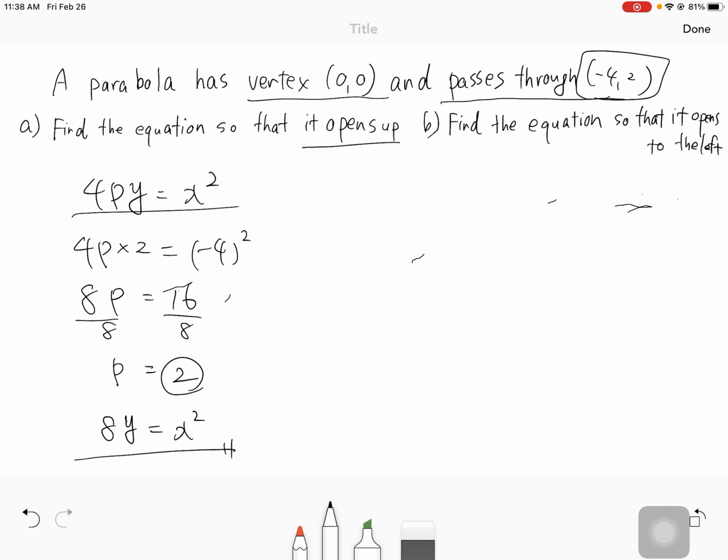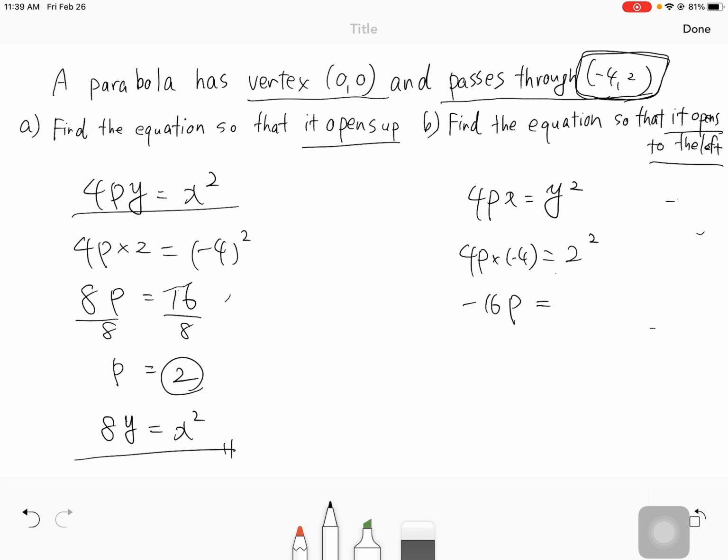Okay, the next question. B, find the equation so that it opens to the left. Open to the left means it's a horizontal parabola. So the equation is 4px is equivalent to y squared. Then technically it's the same. You just plug in this number into this equation. So 4p times -4 is equivalent to 2 squared. -16p is equivalent to 4.